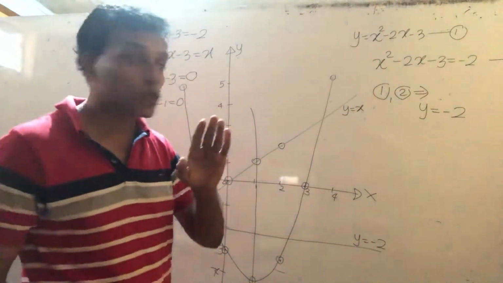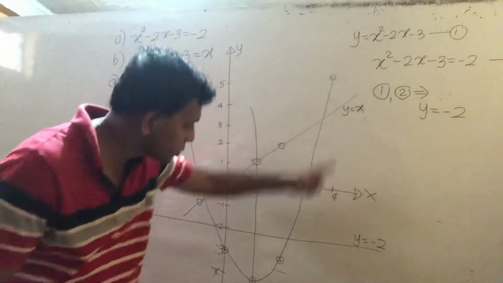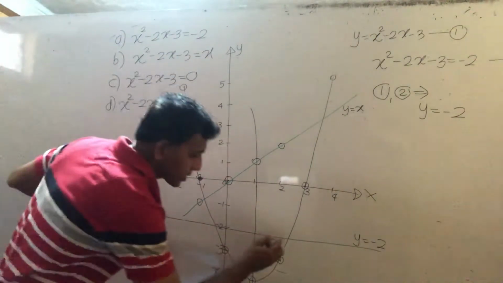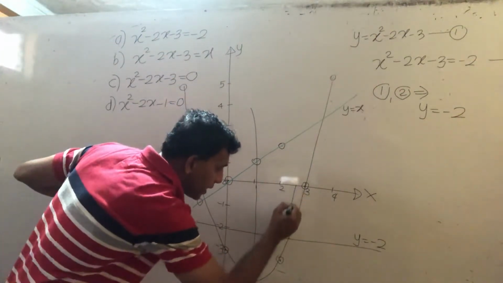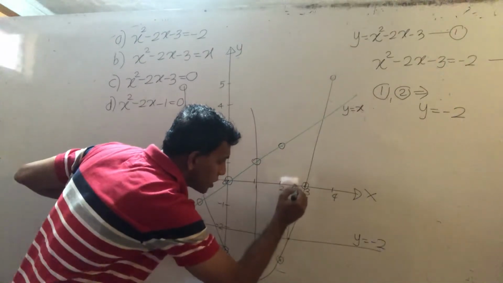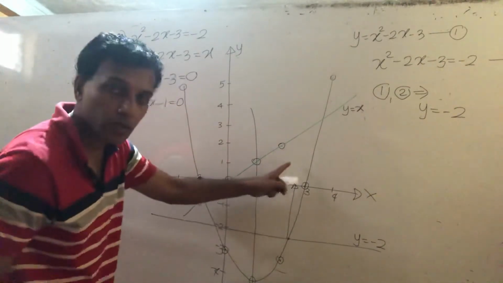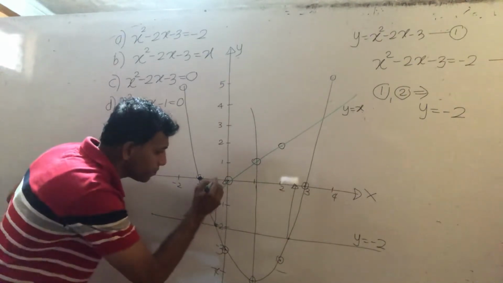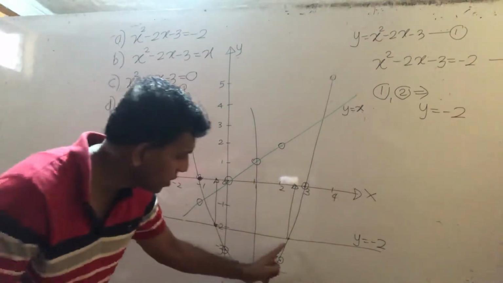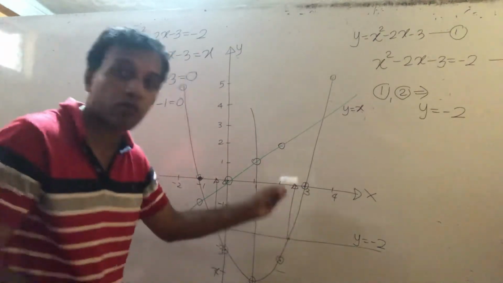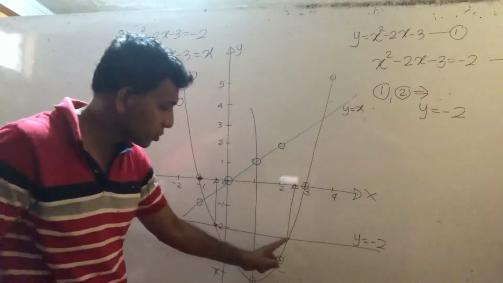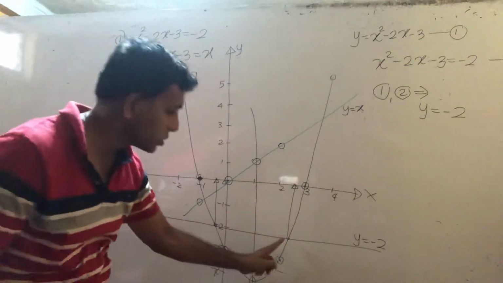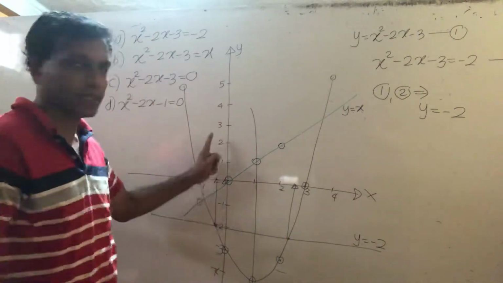So the solutions are where this parabolic curve and y equal minus 2 cut. See, straightly, this is one solution, and where it cuts here is the other solution. In the exam you have to mark like this, cut and show arrows, and show how you found these values. So every quadratic equation has two solutions.